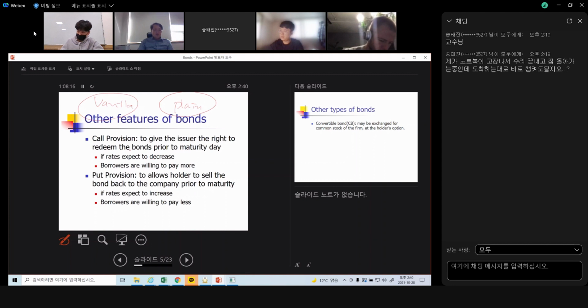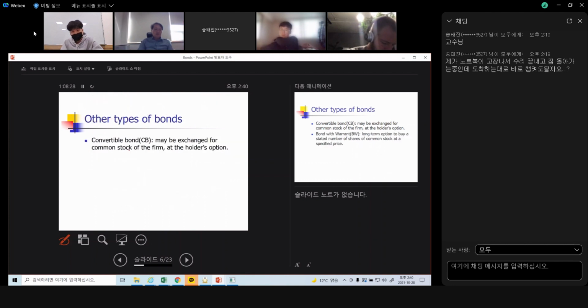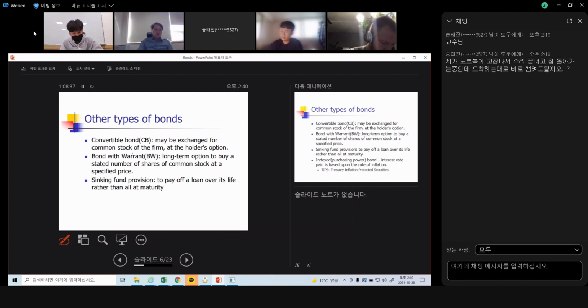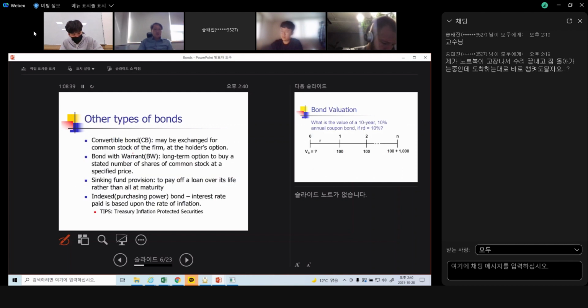So callable bond, puttable bond. A callable bond is a bond with a call provision attached. If a put provision is attached to a bond, it is a puttable bond. A convertible bond means the current feature is a bond, but it is going to be changed to stock, something like that. All of these are other types of bonds, right?